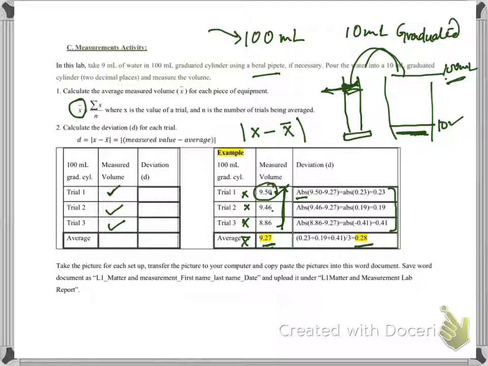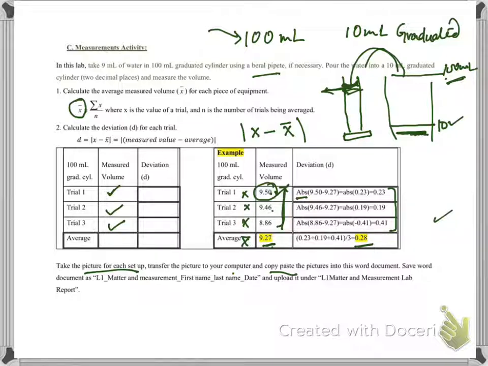But make sure you're taking pictures when you're doing the experiment. You have to copy and paste those pictures into this document so that I know that you did the experiment. So you're going to take a picture of each setup, transfer those pictures to your computer, and then copy and paste them into this Word document.